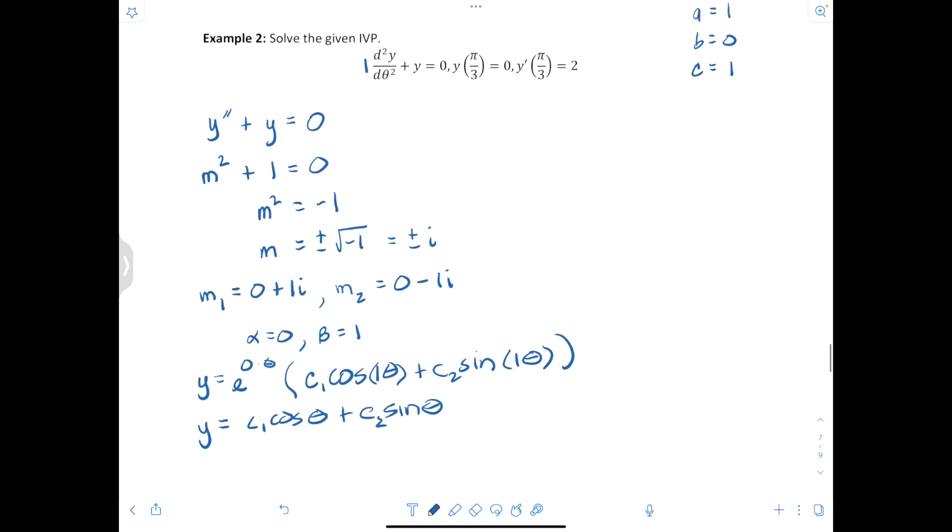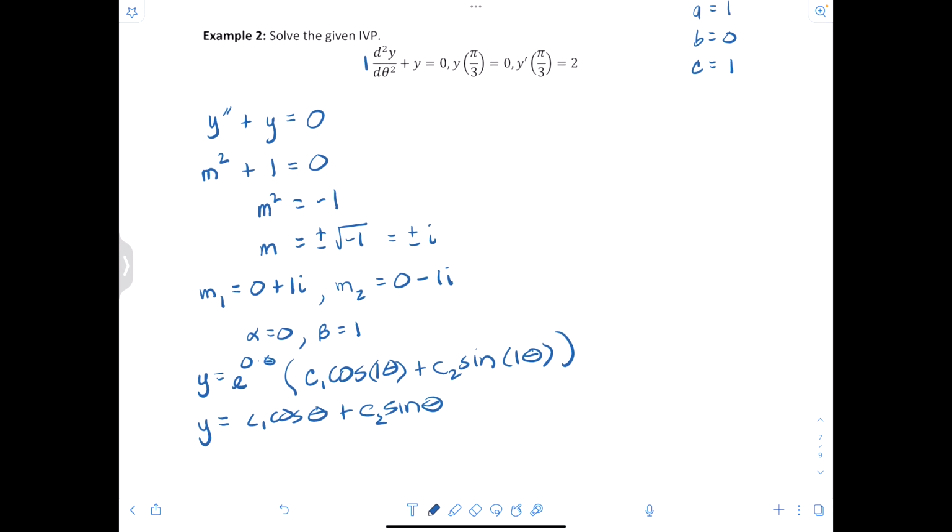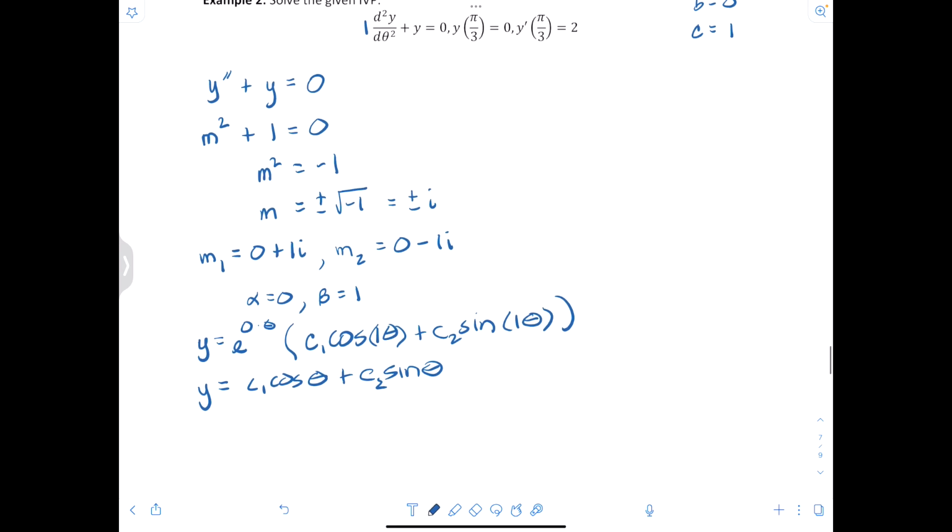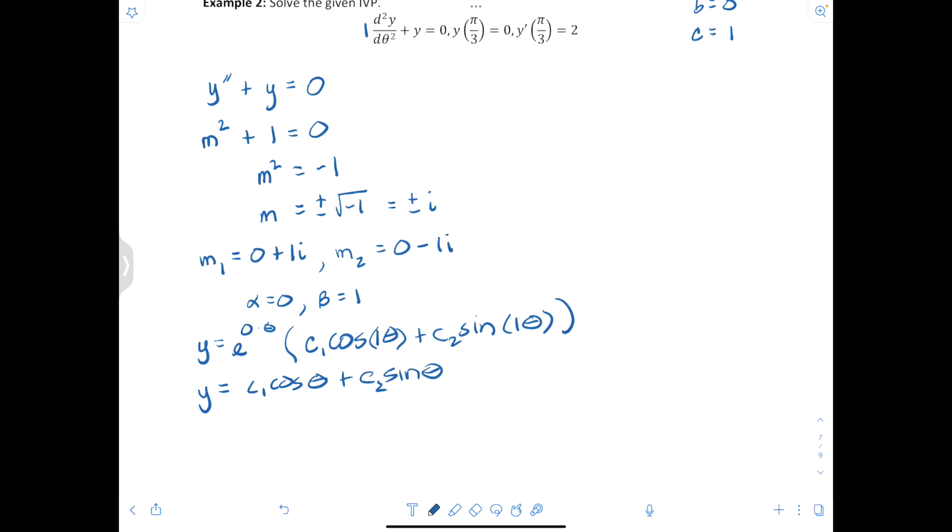So we have y at pi over 3 is equal to 0. And then y prime at pi over 3 is equal to 2. And so now let's see if we can use those to solve for our constants, right?